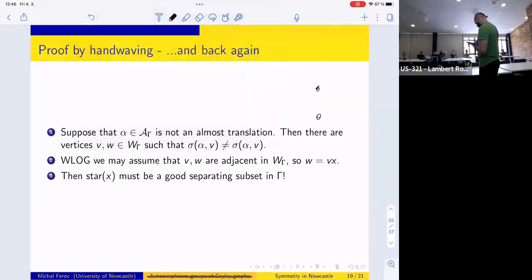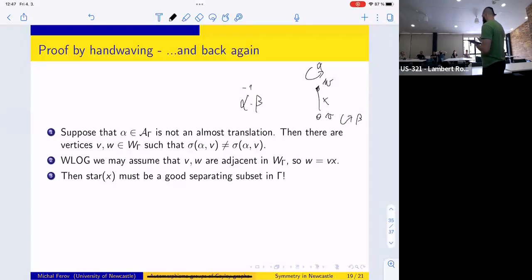So suppose that here's my V, and here's my W, and it's connected through X, and that here the action is some alpha, and here the action is some beta. Then I can just verify from the definition that alpha inverse beta fixes the star.